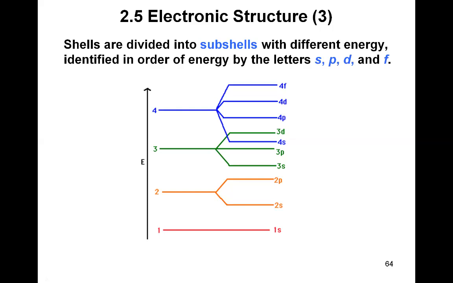You can notice here that the third shell and the fourth shell are overlapping, and the 4s subshell is lower in energy than the 3d subshell. And because electrons fill the shells in order of energy, the 4s subshell will be filled before the 3d.